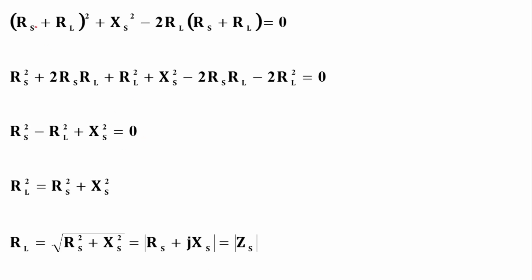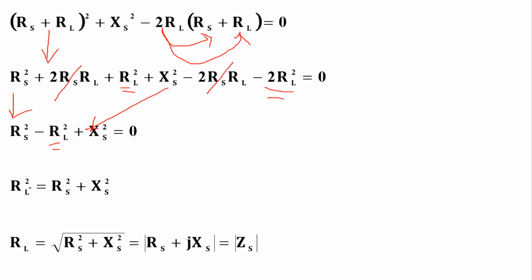Let us expand this bracket. So RS square plus 2 RS into RL plus RL square plus XS square, and multiply this 2 RL with these 2 terms, so it will become minus 2 RS into RL minus 2 RL square is equal to 0. The minus 2 RS into RL and plus 2 RS into RL get cancelled out. RS square as it is, XS square as it is, and RL square minus 2 RL square becomes minus RL square.